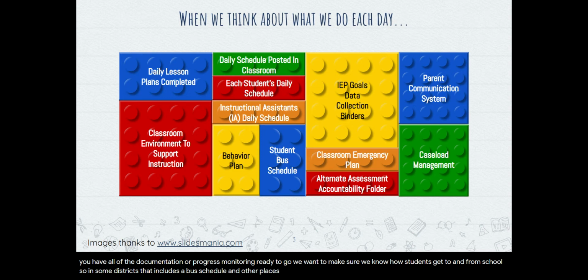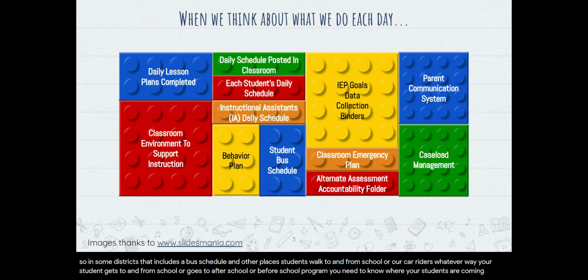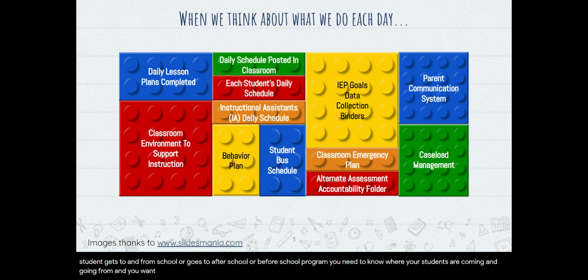In other places, students walk to and from school or are car riders. Whatever way your student gets to and from school or goes to an after school or before school program, you need to know where your students are coming and going from. And you want to make sure that you have a clear understanding of the district and your building's emergency plans. In addition, when students are in your room, you want to have a very clear classroom emergency plan in place.